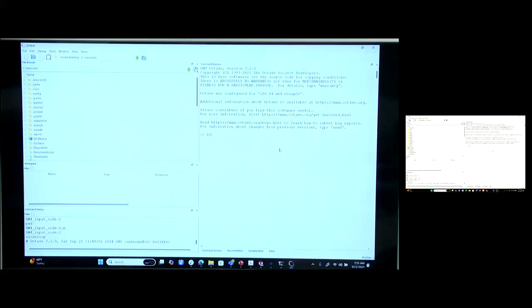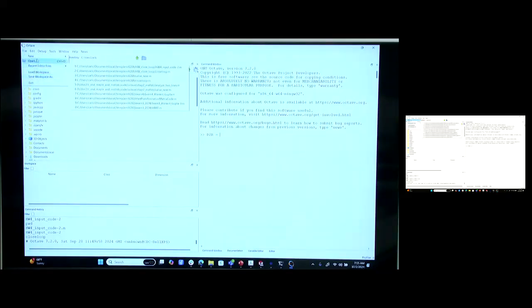Let's see if I can make the text bigger. Is there an edit? Is it under preferences? Let me try Control plus, some of the standard Windows things.